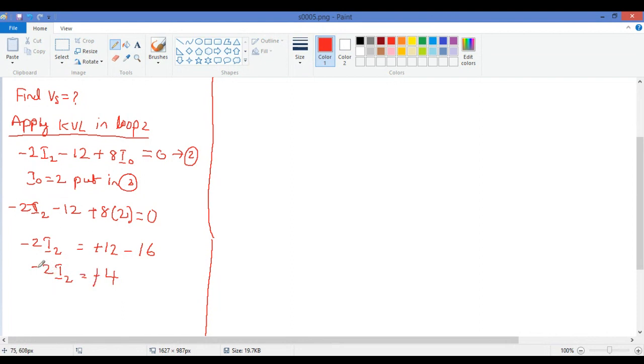This minus gets cancelled, therefore we get I2 is equal to 4 by 2, which is I2 equal to 2 ampere.